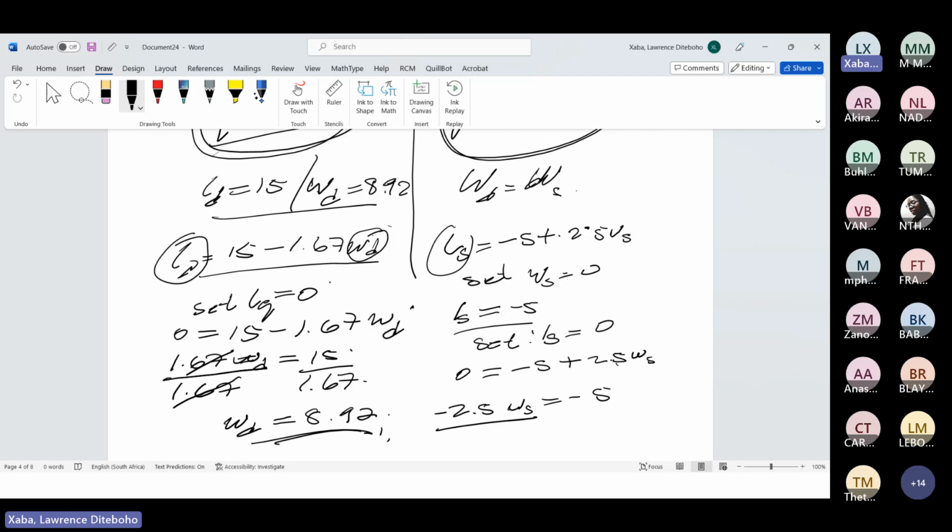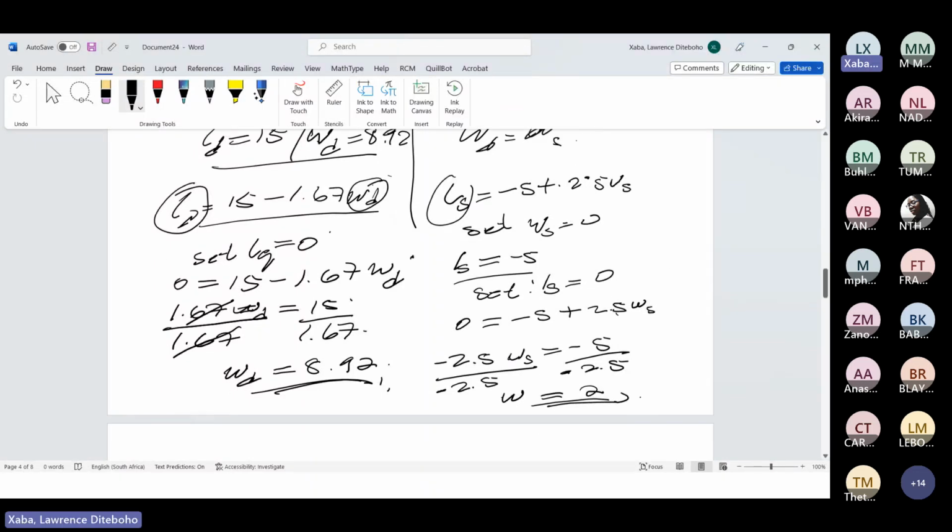So we want to get rid of that -2.5, so we divide both sides. So we have W equals to 5 divided by 2.5. We have 2.